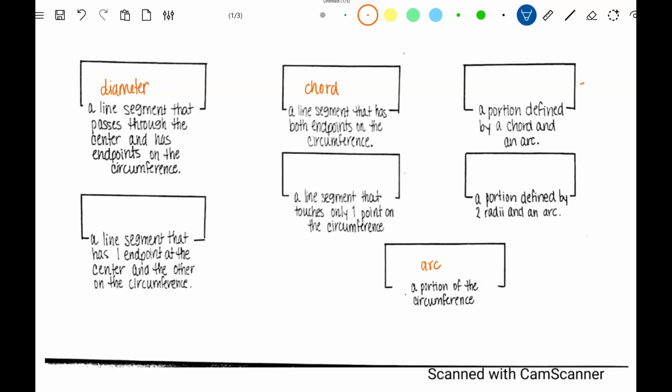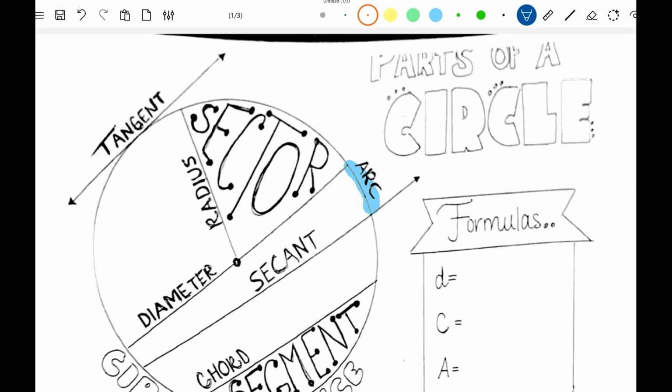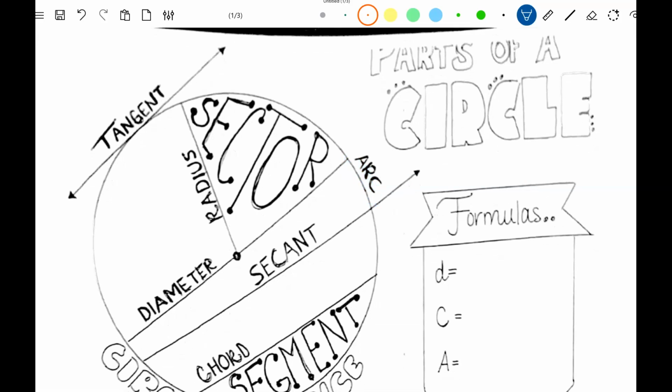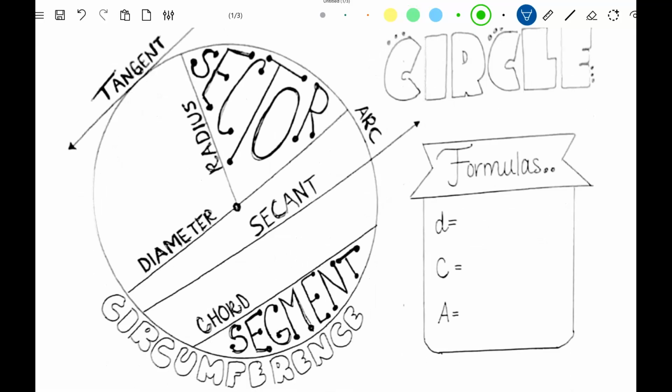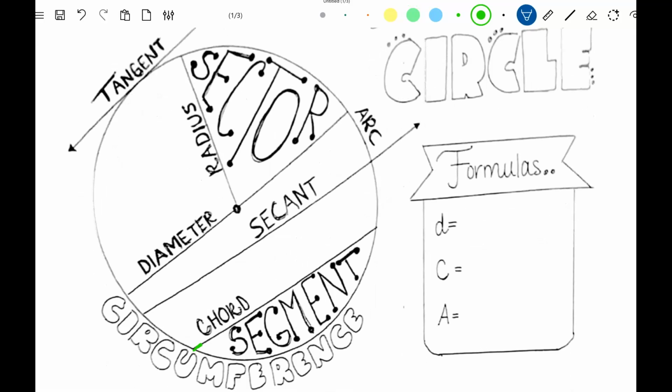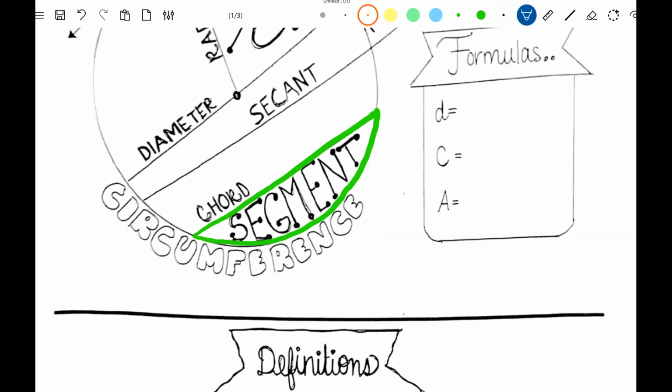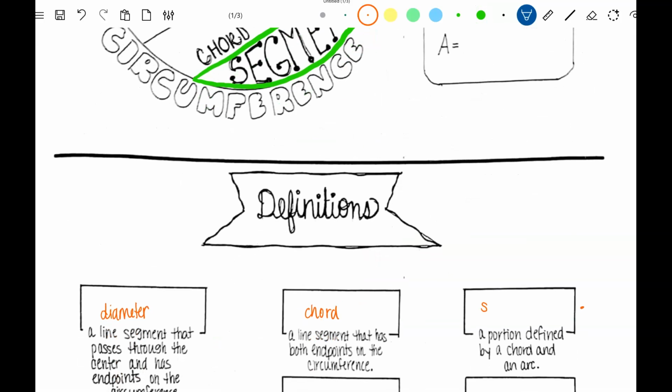So when we go back up here to this third one, a portion defined by a chord and an arc. What defined by a chord and an arc means is that those are the boundaries. The boundaries are a chord and an arc. So here we have our chord and the boundary of an arc. So that is a segment. Now don't confuse that with a line segment.